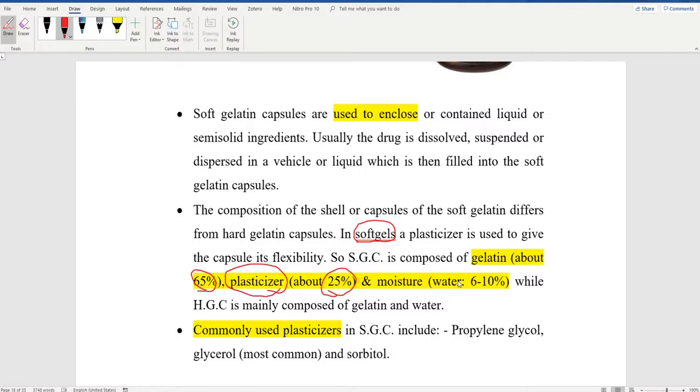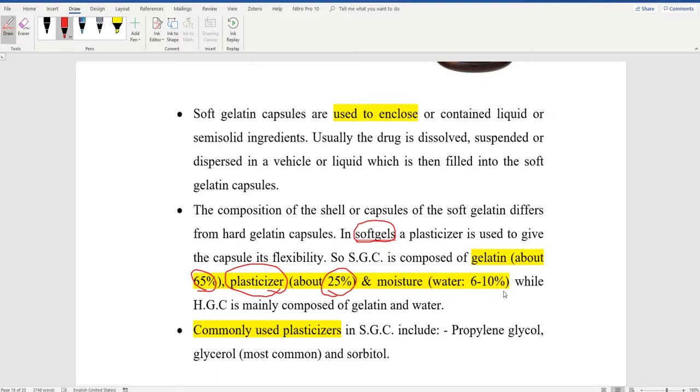Okay, why do they call soft gelatin soft gelatin? It's because of the presence of plasticizer. Later on, when I explain how this is done, you will understand what exactly the job of the plasticizer is. The moisture, as I said, is 6 to 10%, which is less than hard gelatin capsules.